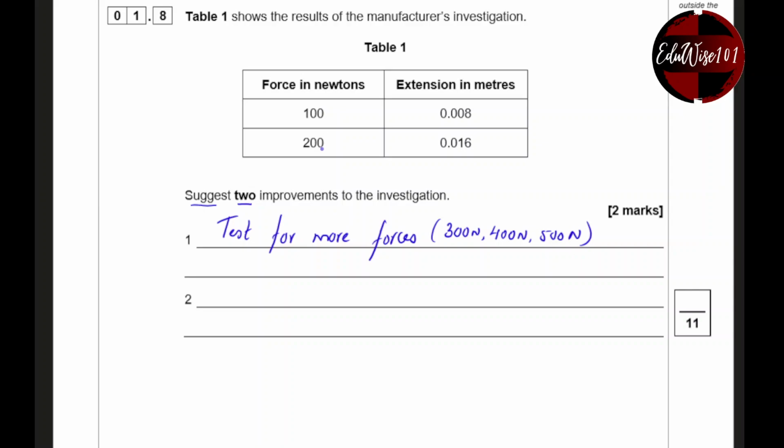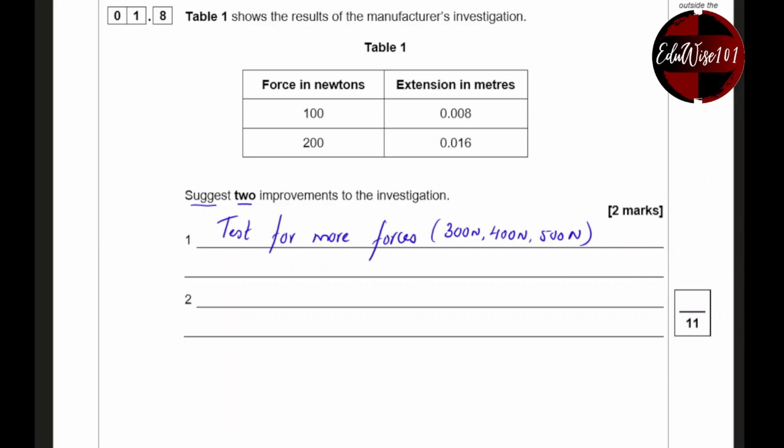So rather than just doing twice, they could have actually done it for 3 different forces. And they seem to have only done it once for each force. Maybe they can actually repeat it 2 more times for 100 Newton, 2 more times for 200, so that they can get an average value.